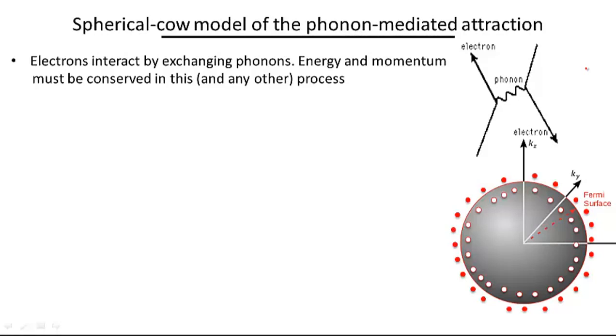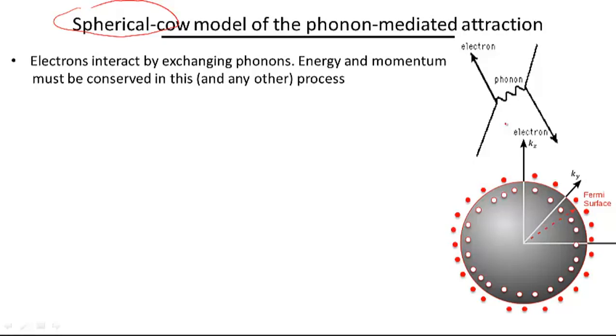So here I will present what I call a spherical cow model of this phonon-mediated attraction between electrons, which I should say is commonly used even in research papers, so it works perfectly well. Even though we know how to write the true model, with all the complications of the theory, the outcomes of the simplified model and the more complicated model are pretty close to each other, so there is really no reason for us to complicate things.